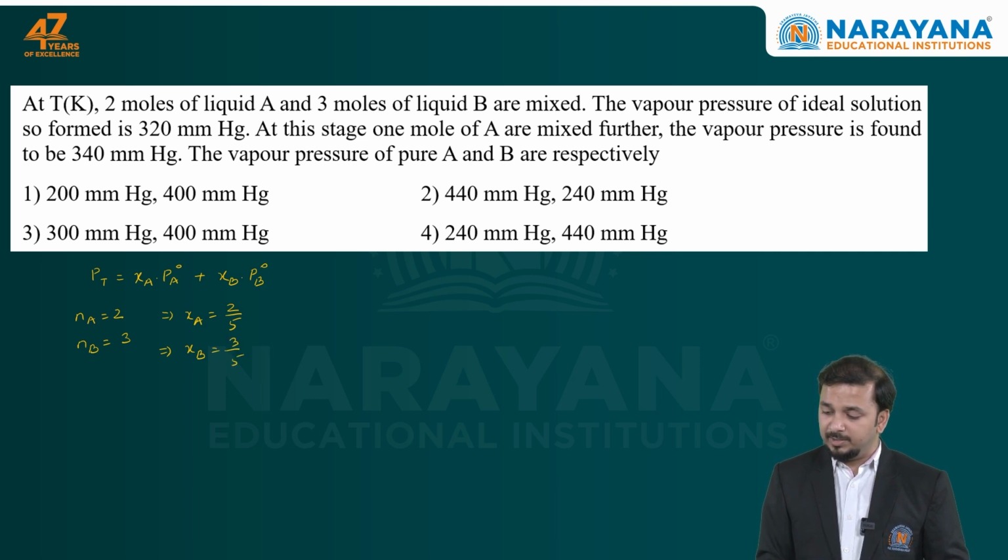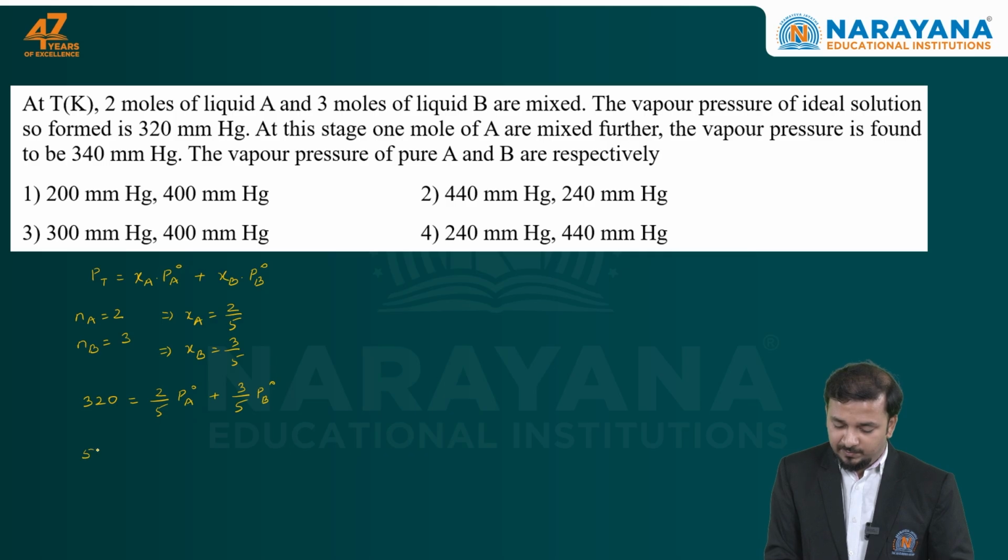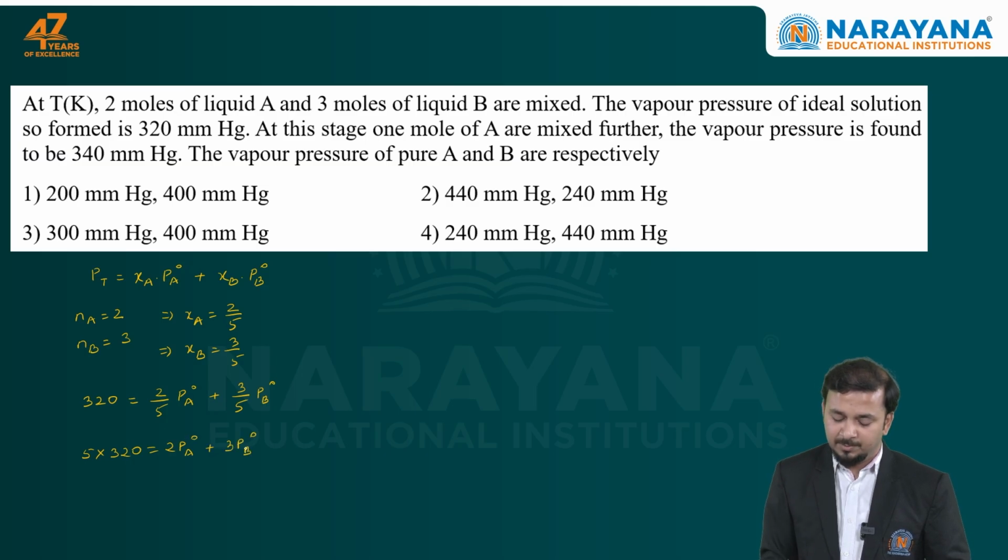Now if we substitute, we can write 320, which is total pressure, is equal to 2 by 5 times PA naught plus 3 by 5 times PB naught. If I simplify this, we get 5 into 320, which is 1600, equal to 2 times PA naught plus 3 times PB naught. Let's say this is equation 1.